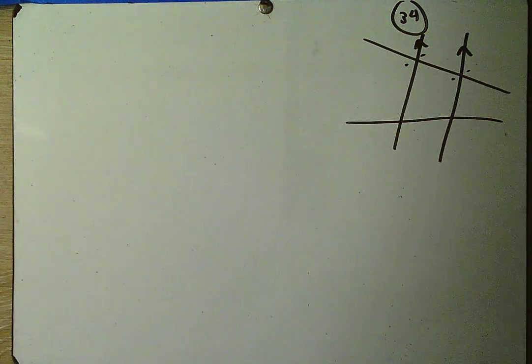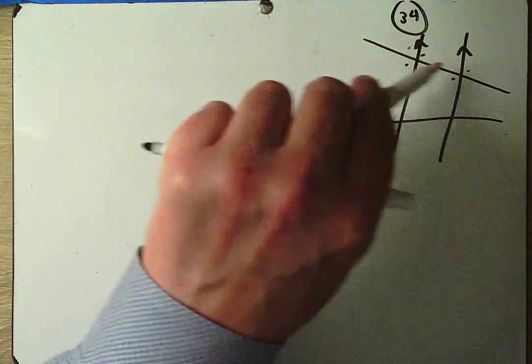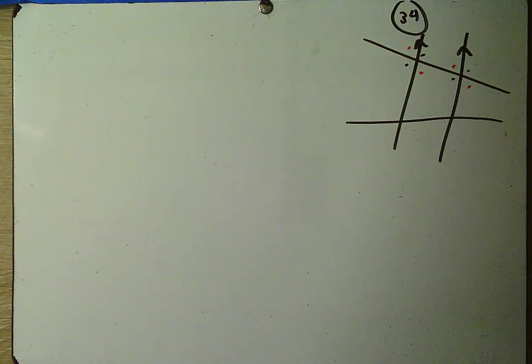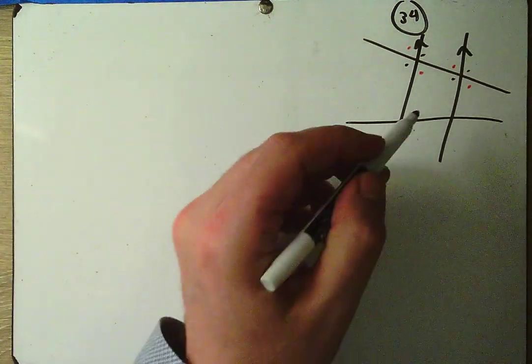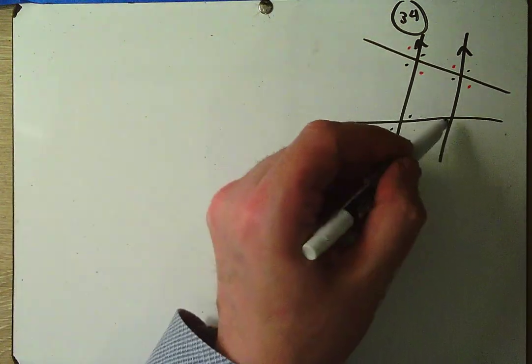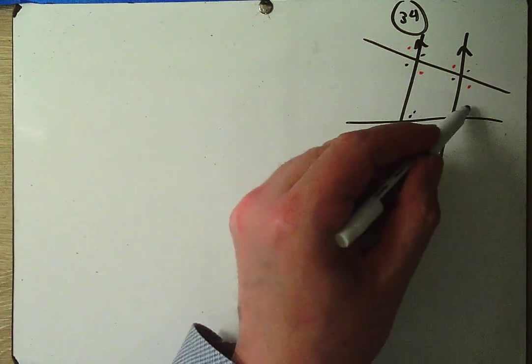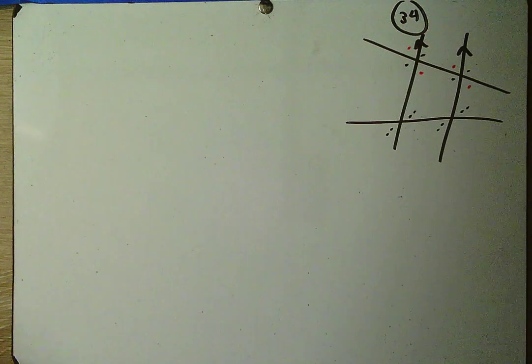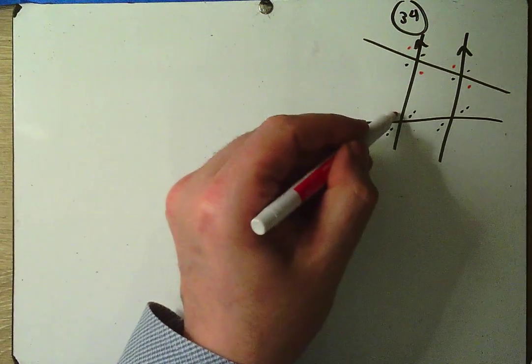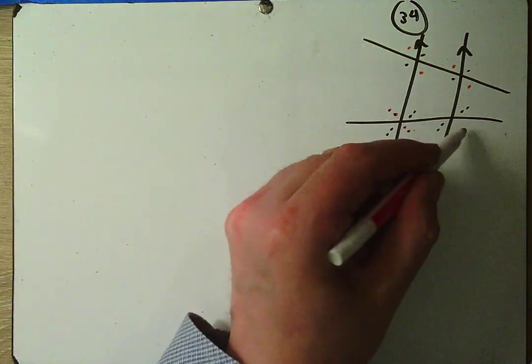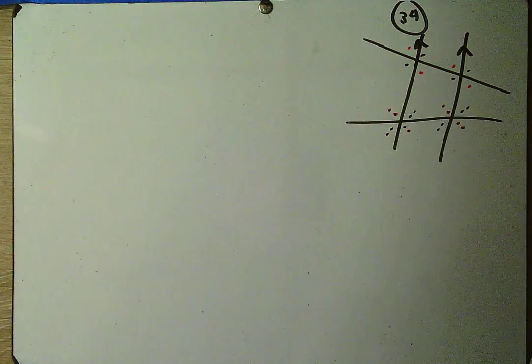Just like we know that all these angles would be the same. And we know these angles would all be the same. And we know all these angles would be the same.